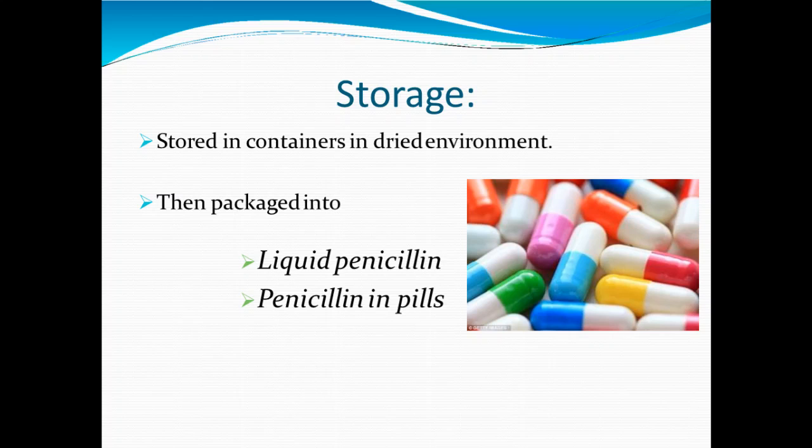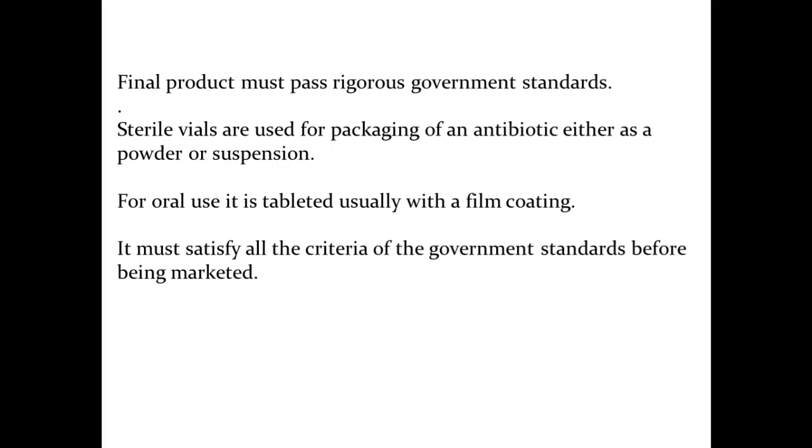This dried form is the purified form of penicillin, which is generally stored in containers. It is either packed into a liquid formulation, liquid penicillin, or converted into penicillin pills for usage.